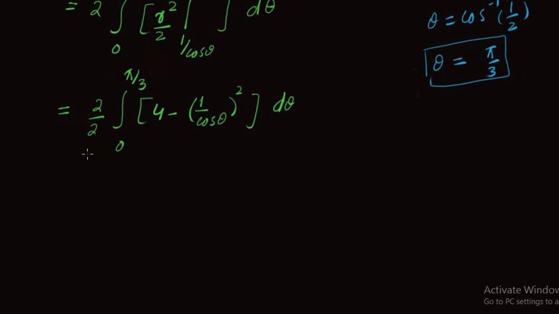Now this is equal to integration from 0 to pi by 3 of 4 minus 1 upon cos square theta, which is secant square theta, d theta.